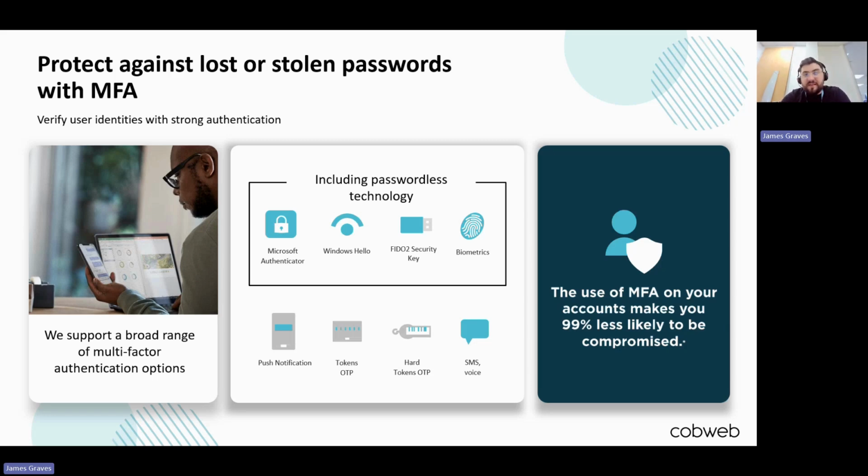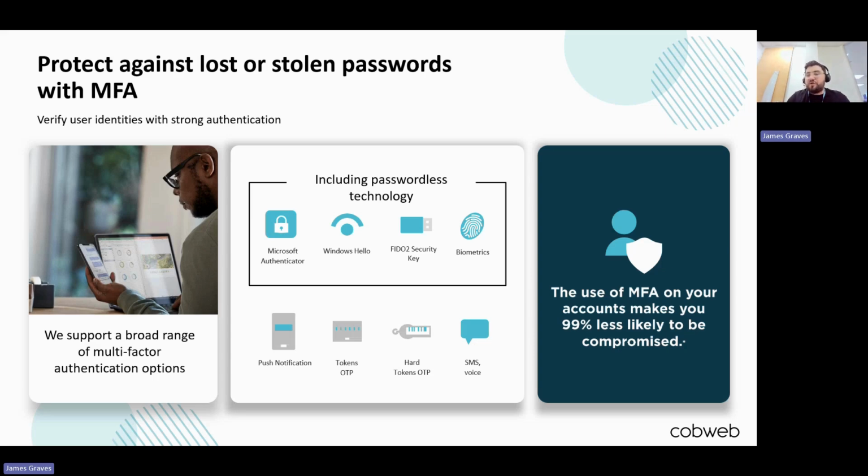However, flip side of that for you, if it's passwordless, it's not something that can be guessed, and it is something that you physically earn. So look at this from the perspective of it being your facial recognition. Your face isn't something you can give away. Your fingerprint isn't something you can give away. Using the Microsoft Authenticator app built into your mobile phone, again, a mobile phone isn't something you're just going to hand over to somebody and give away, is it? So these are all forms of identification and means of access that people can't guess.